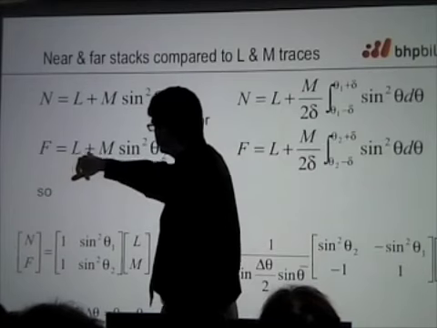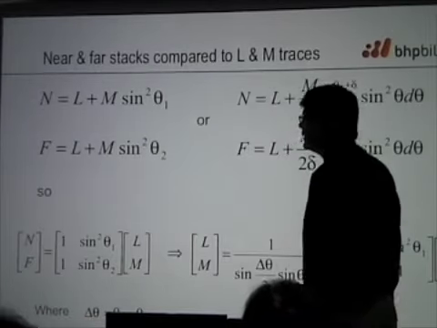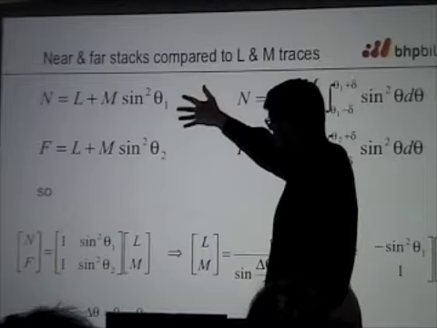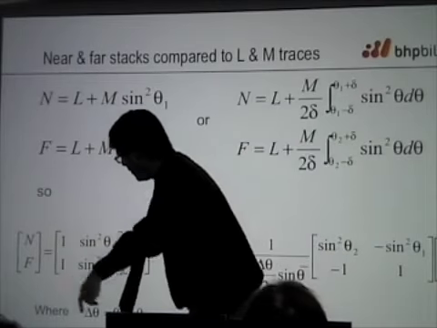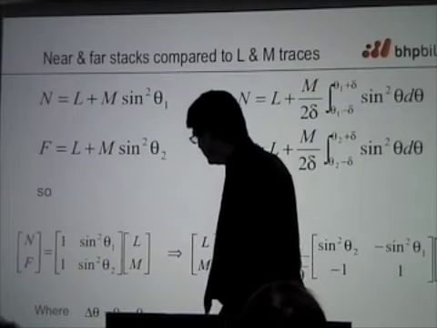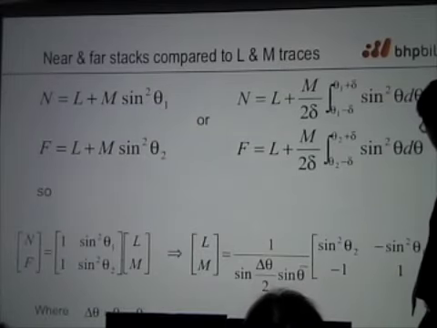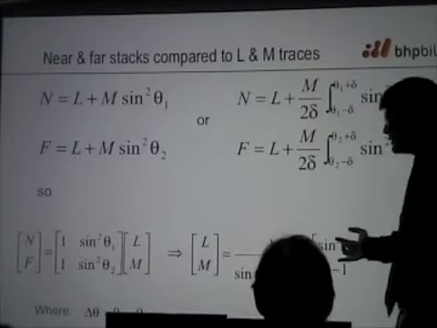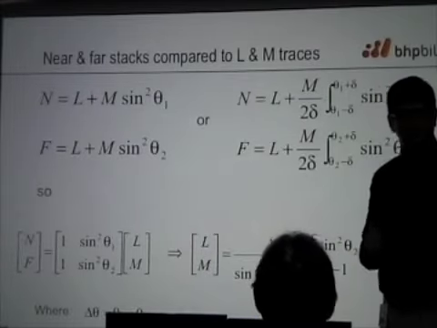The far stack is L plus M sine squared theta 2, where theta 2 is a big angle. You can actually invert this relationship in terms of the near and far as a function of L and M. It's a little 2x2 linear transformation. And you can invert it so that if you know near and far, there's a simple linear transformation to get L and M, okay?